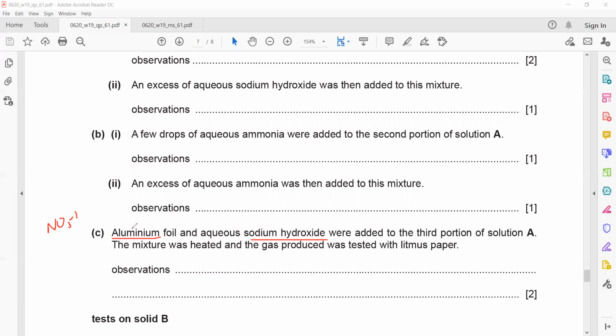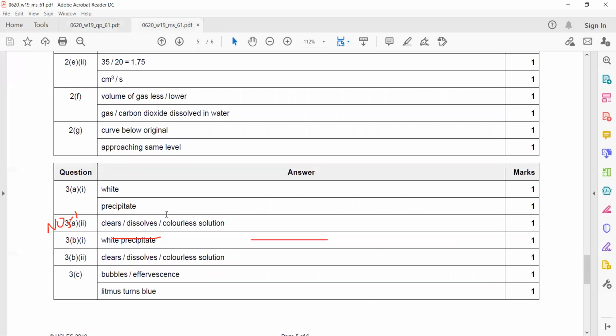So if ammonia gas is there, what is the observation? The gas produced is tested with a litmus paper, so it will turn blue. Pungent gas will be there, bubbles of gas will be there, and the litmus will turn blue.